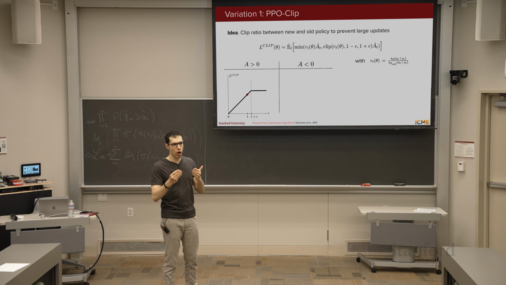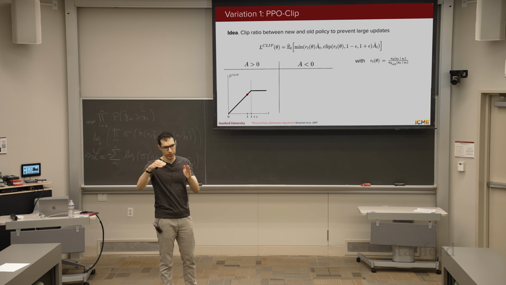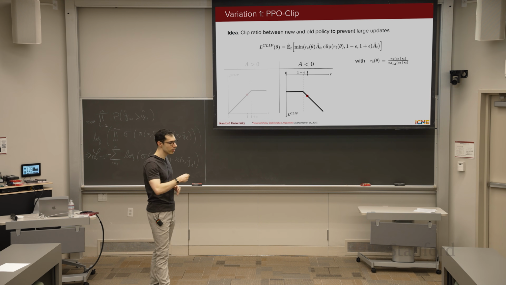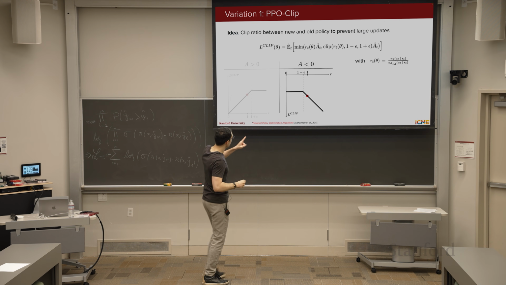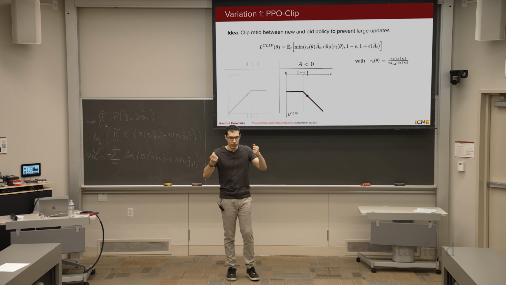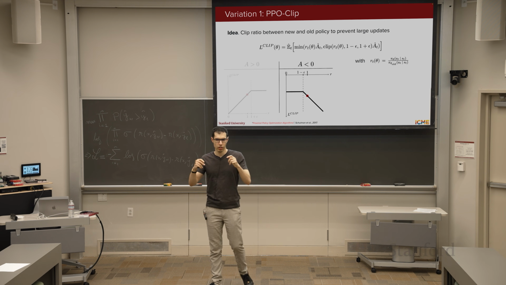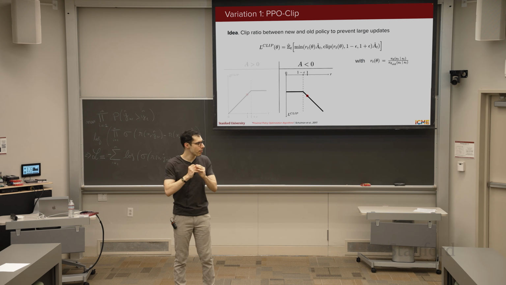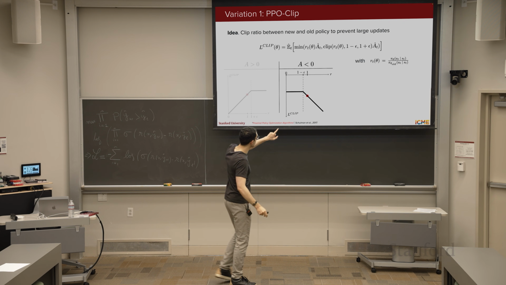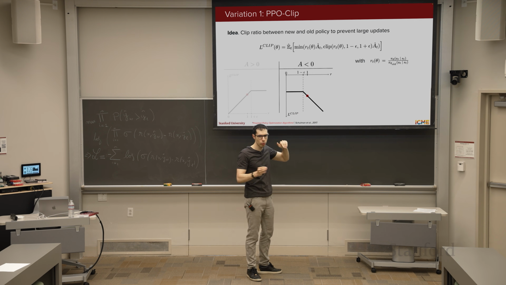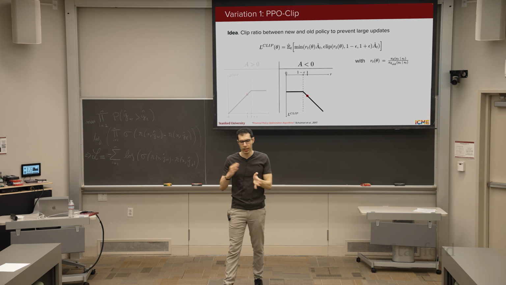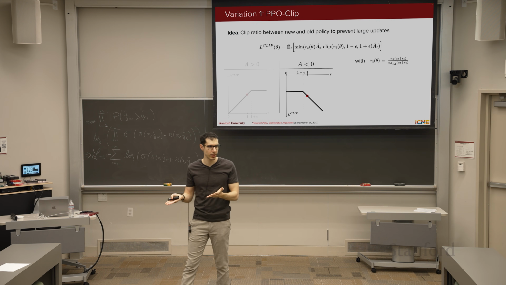But you don't want it to update too much, which is why you have this clipping. And same when the advantage is less than 0. I guess you want to downweight the probability of this output from happening. So you want to have a smaller R, which is your ratio between the policy you're training with respect to the old one. But you don't want to be too small either, again, to not make too big of an update.